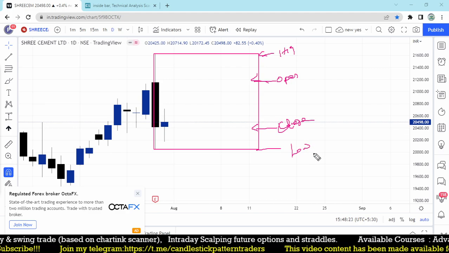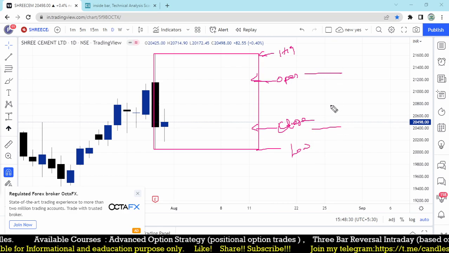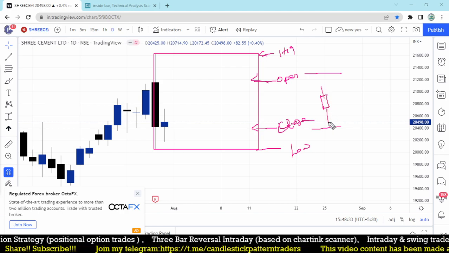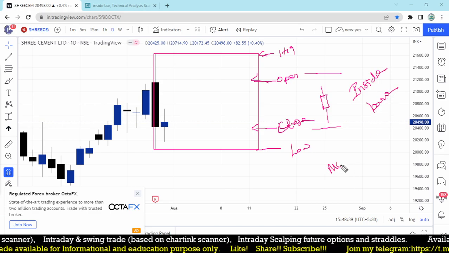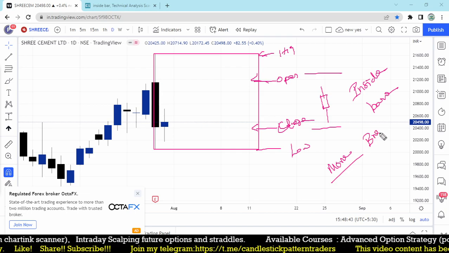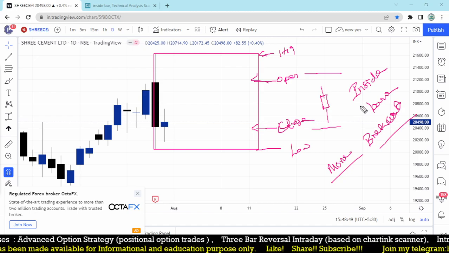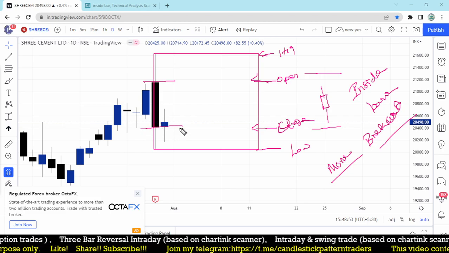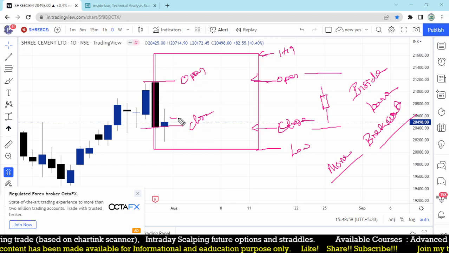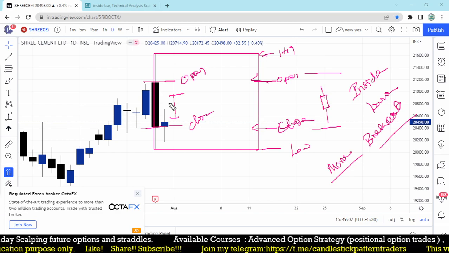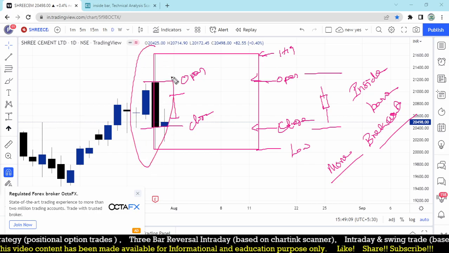If the next day's bar opens and settles in between the open and close, meaning the stock forms an inside bar within the previous day's open and close, this has more potential for breakout. If any stock's high and low are inside the previous day's open and close, it has more power and more profit potential compared to this normal inside bar.